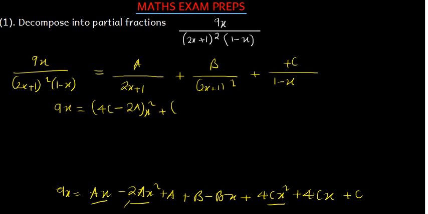We've got this one and this one. So we've got A minus B, then plus 4C, x, and then we go to constants. We've got A, B, and C. So that is plus A plus B plus C.